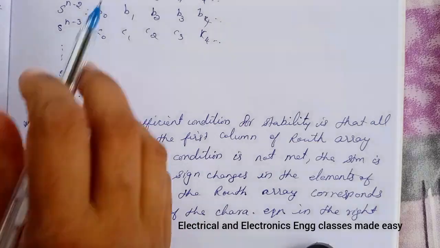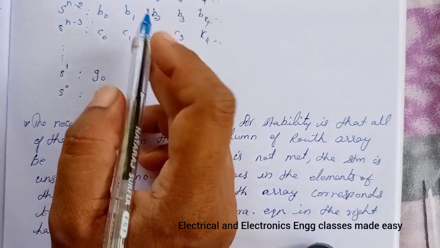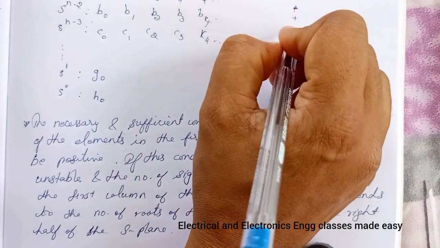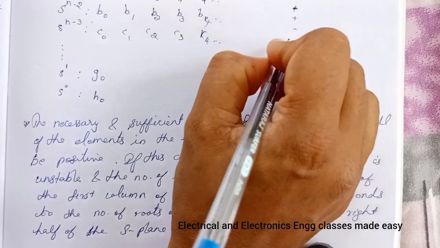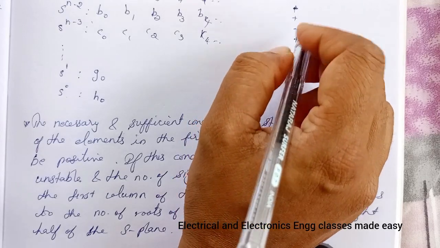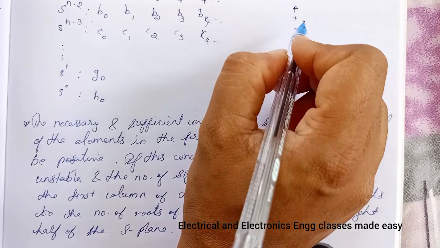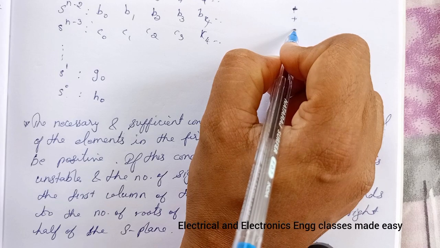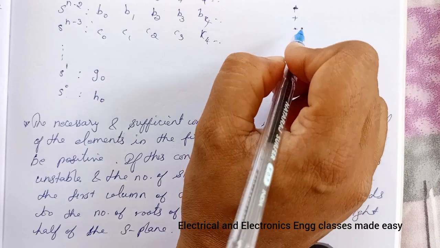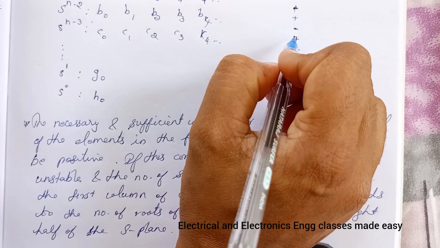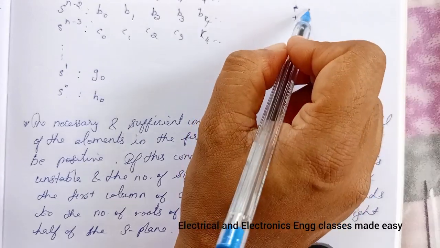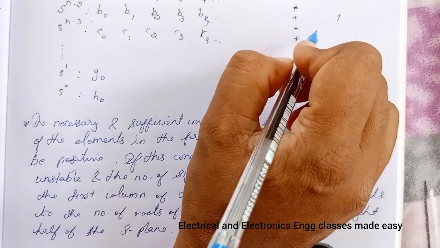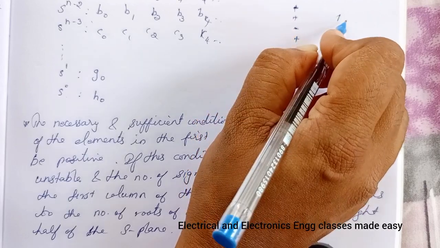And if the order of the signs of the first column elements is like plus, that is positive, then minus, then positive, here plus to minus is considered as one sign change and minus to plus as another sign change.